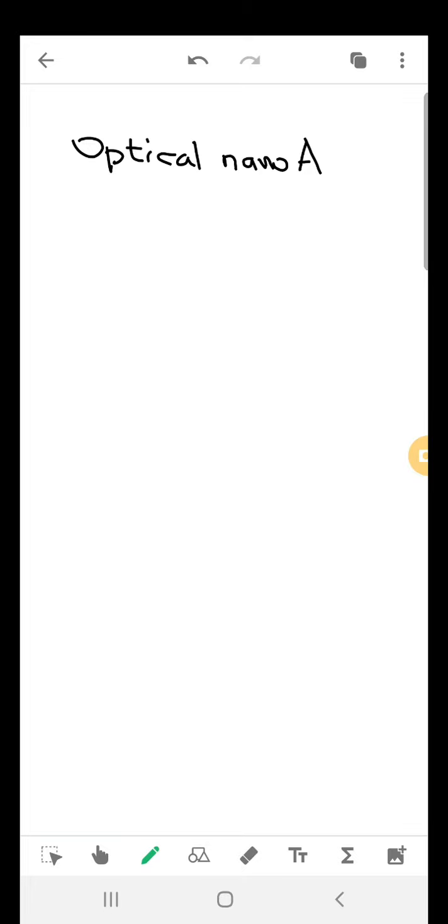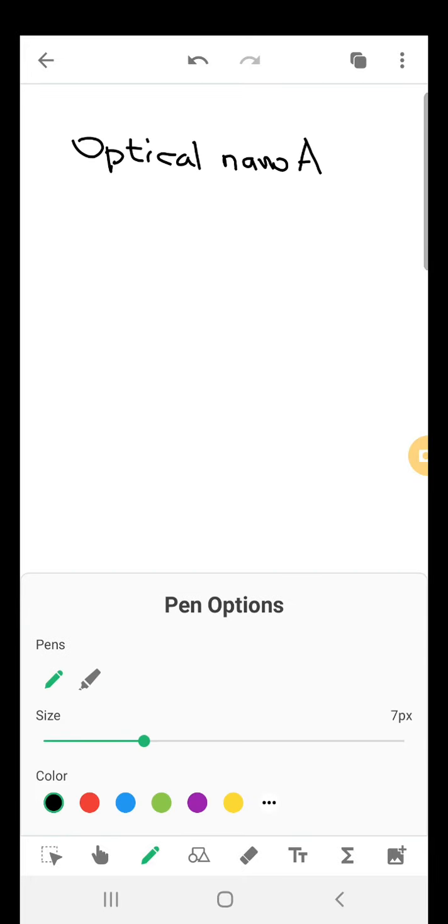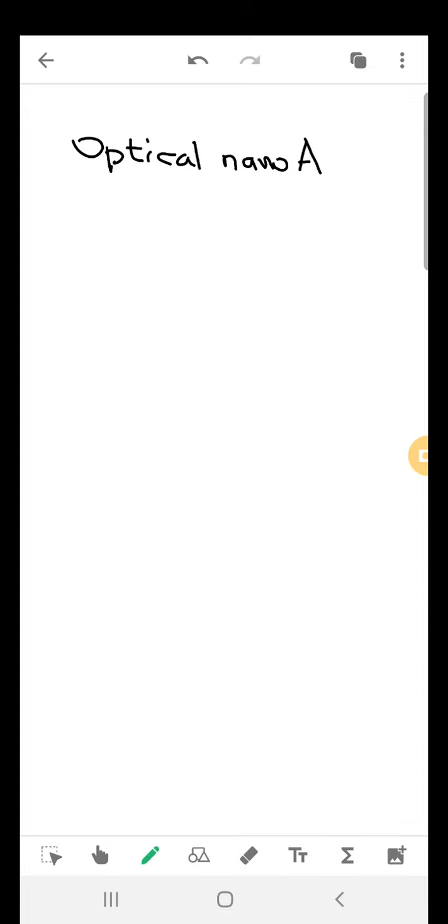Bow tie nano antennas, there is something called bow tie nano antennas.